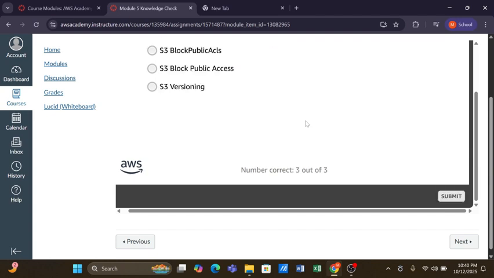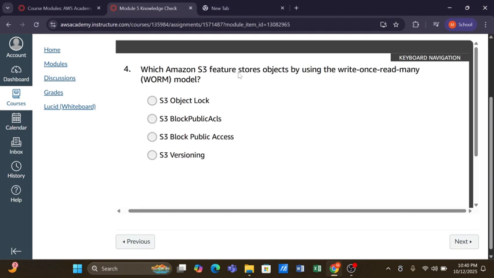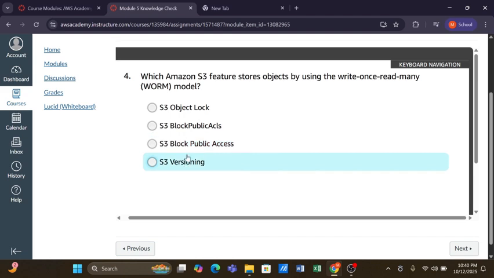Next question. Which Amazon S3 feature stores objects by using the write once, read many (WORM) model? Is it S3 Object Lock, S3 public ACLs, block ACLs, S3 Block Public Access, or S3 versioning?